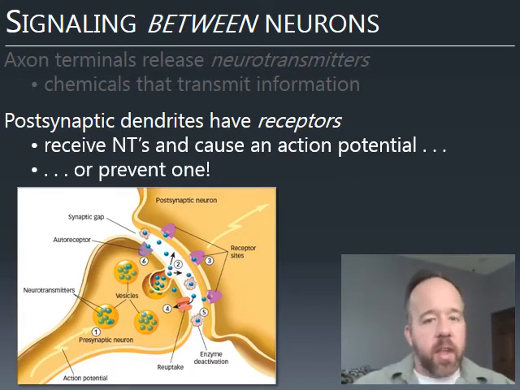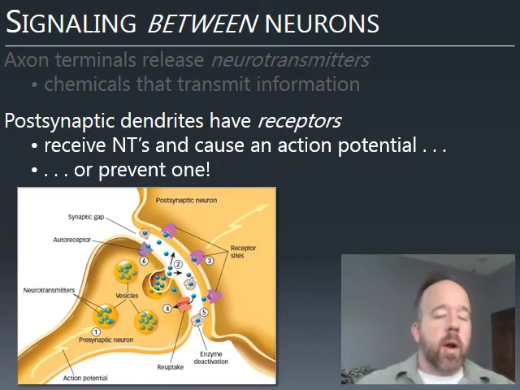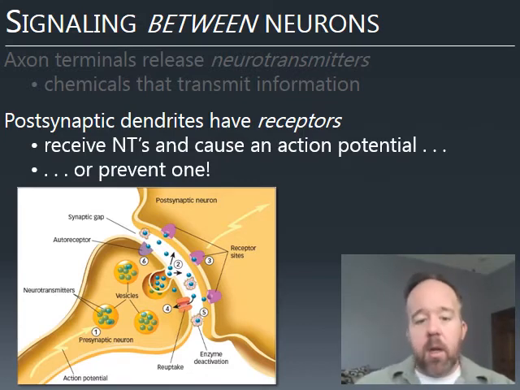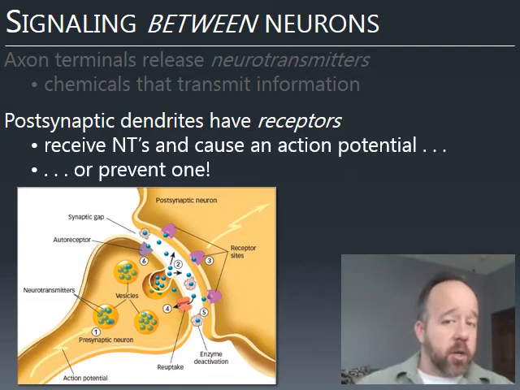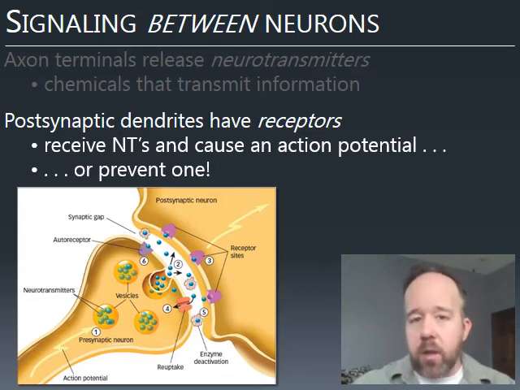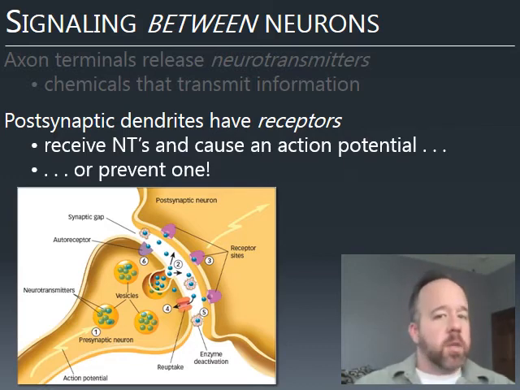That's one of the interesting things about chemical signaling between neurons: based on the combination of neurotransmitter and receptor, when the presynaptic neuron fires an action potential, neurotransmitter is released, and that event can make an action potential in the postsynaptic neuron more likely, which we call excitatory, it excites the neuron, or less likely, inhibitory, it inhibits the neuron, it keeps it from firing. Either one's possible, and we'll talk more about that here in a minute.